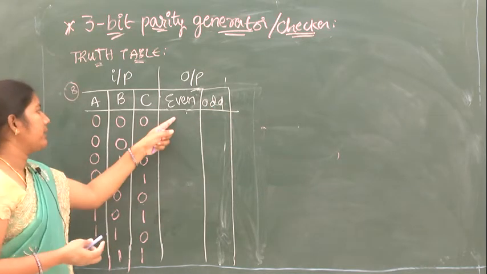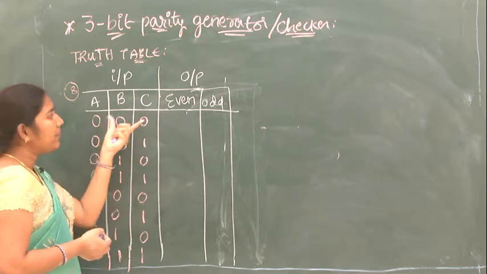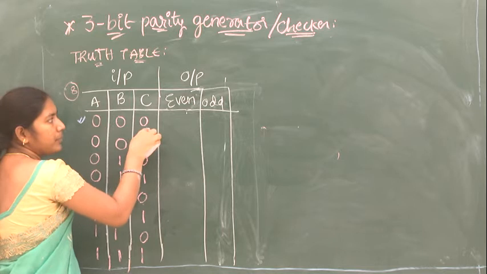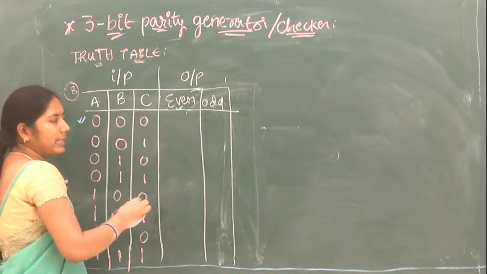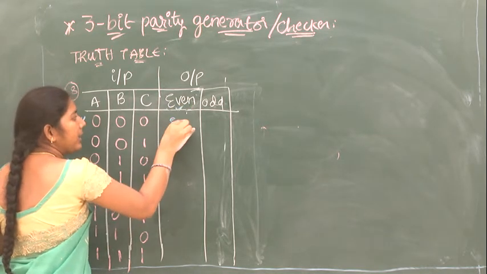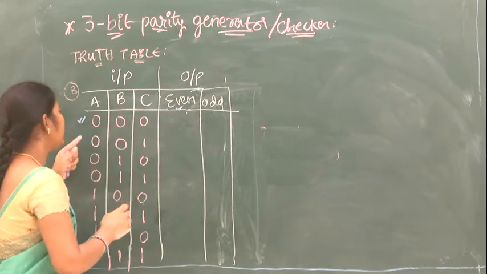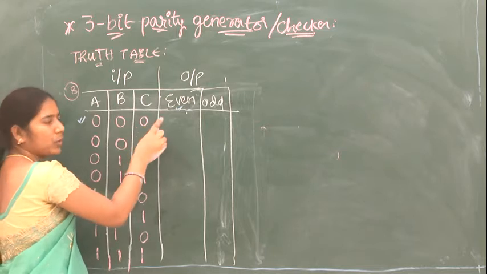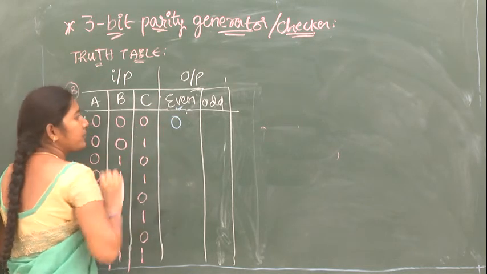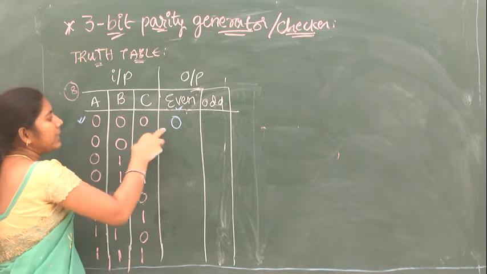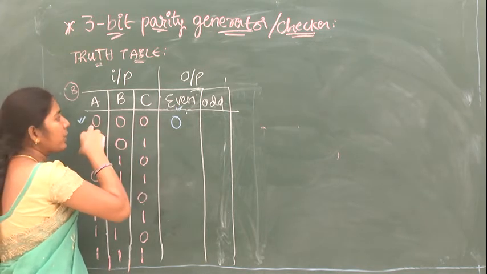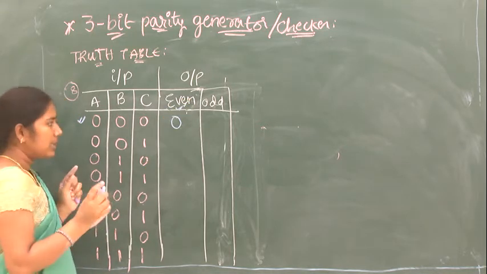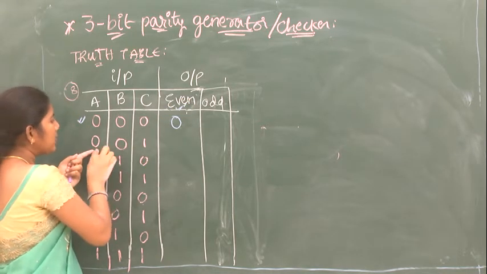Even parity is nothing but the total number of ones in this information, including parity, must be even. For a while, just see, in this we don't have any 1 till now, so I will put 0 here. Now I can say that the total number of ones in this information is even. Similarly, next, just see this one.